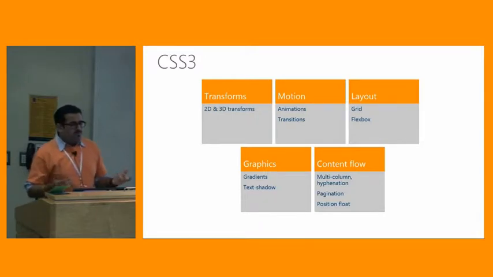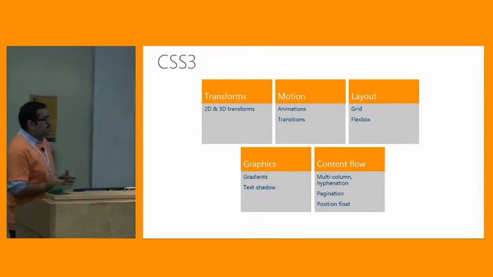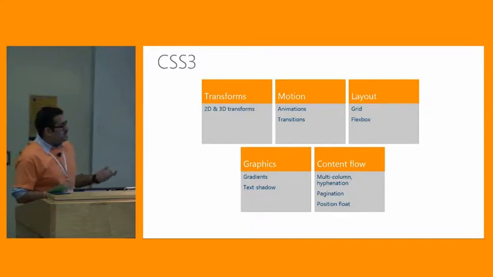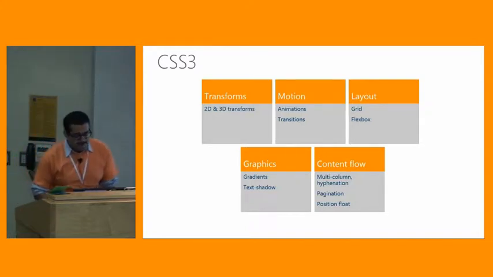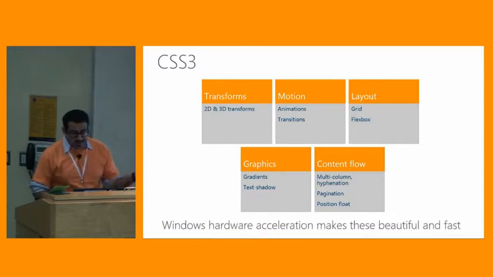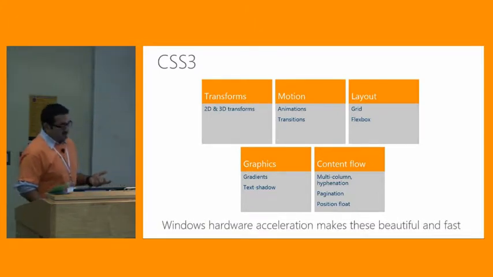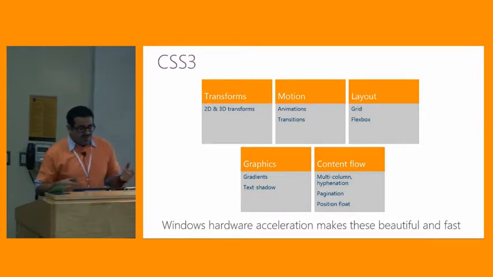To some degree, most apps incorporate some sort of reading aspects as well, so it's a great thing to have. And to be hardware accelerated to make really beautiful and fast experiences for Windows 8.